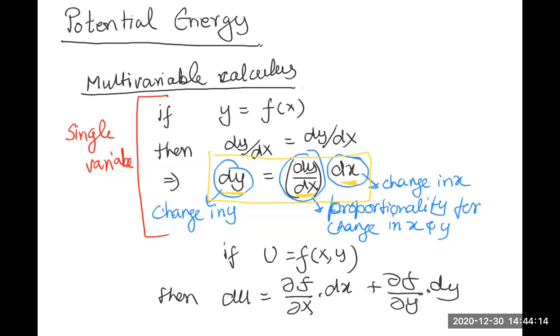Similarly, del f by del y, which is called partial differentiation, is the differentiation of f with respect to y, keeping all the x terms as constant. If there are z terms there too, it won't make any difference, because those will also become constant, okay?